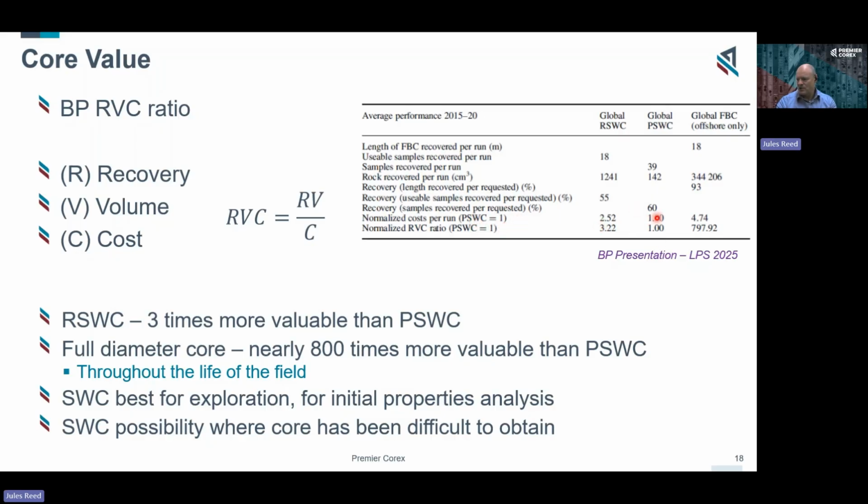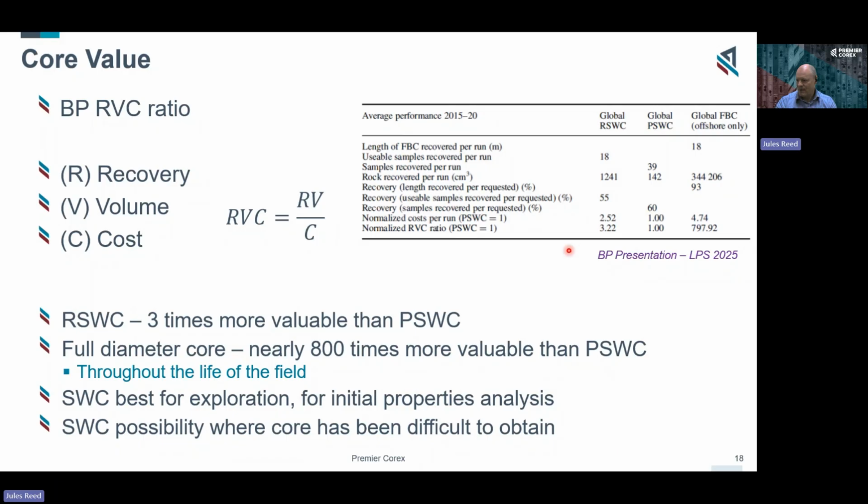So they see the percussion sidewall cores as being the least value, but still valuable in certain circumstances, particularly in exploration and soft sediments. Compared to percussion, the rotary sidewall cores would be 3 times more valuable.